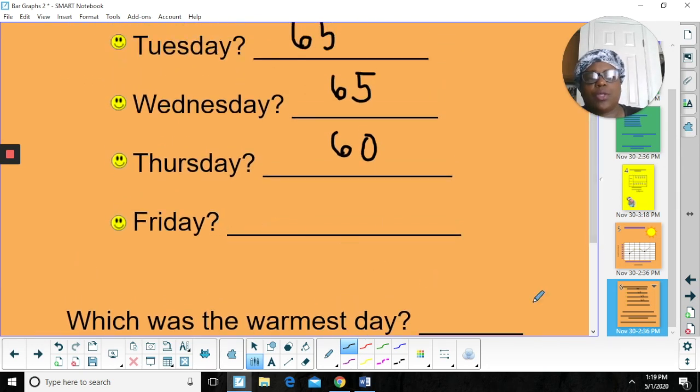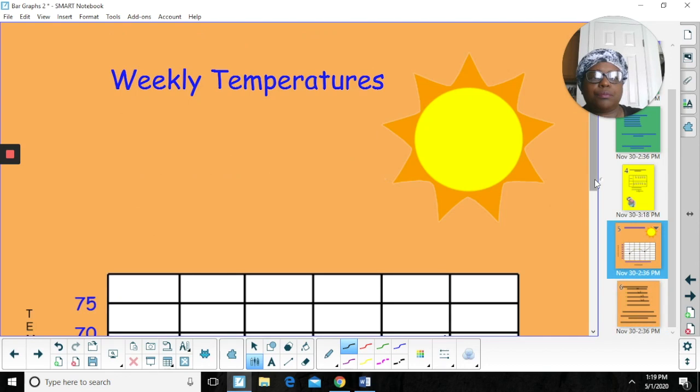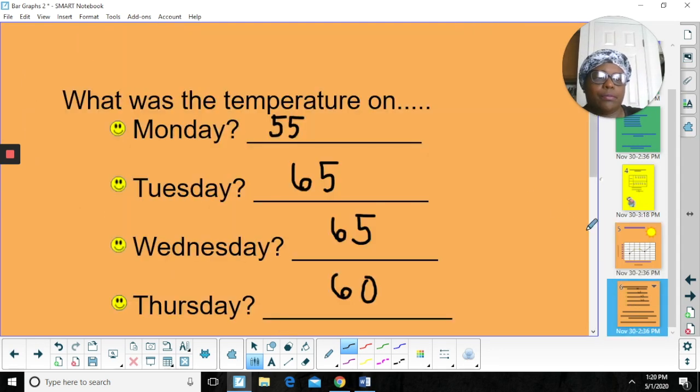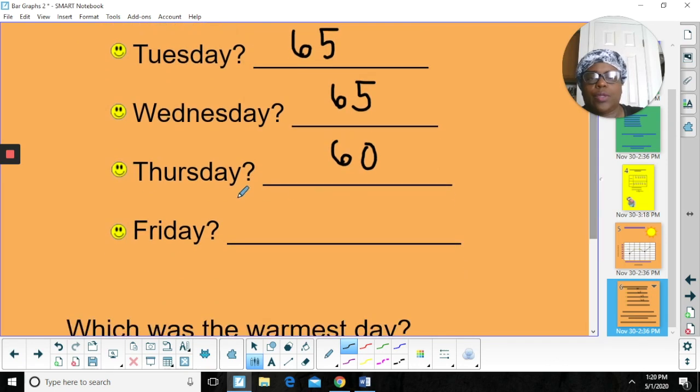And what was the temperature on Friday? We're going to go up that graph. Let's put a little dot here because that's where our line is going. We're going to go up that graph and all the way over. What was the temperature? 70. Okay.